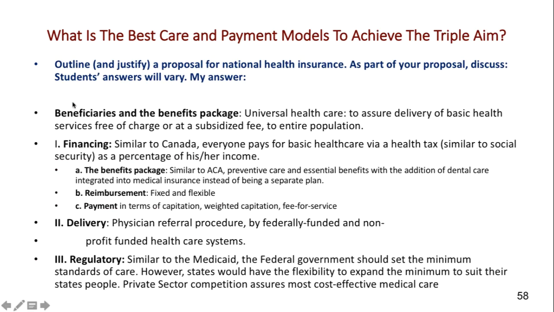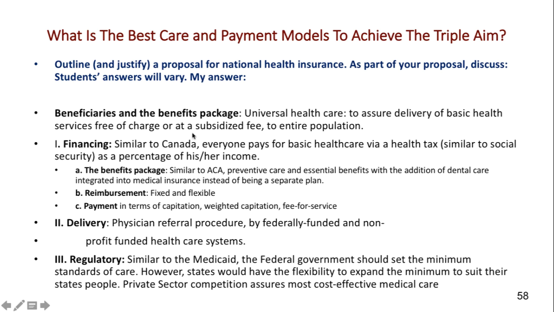There is no single answer to this question, but this would be briefly my answer. For the beneficiary and benefits package, I prefer universal health care to assure delivery of basic health services free of charge or at a subsidized fee.